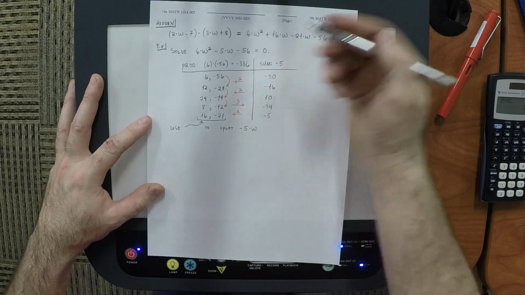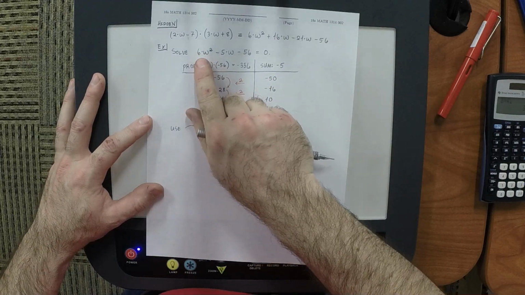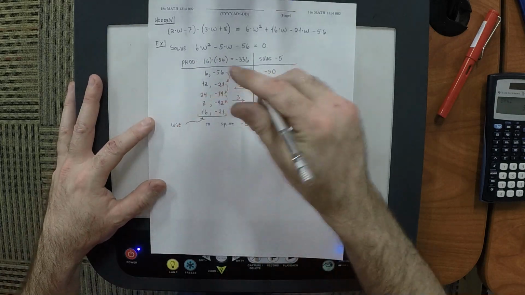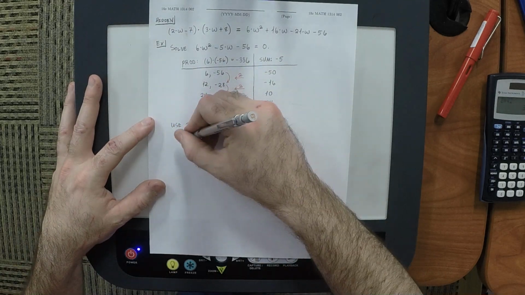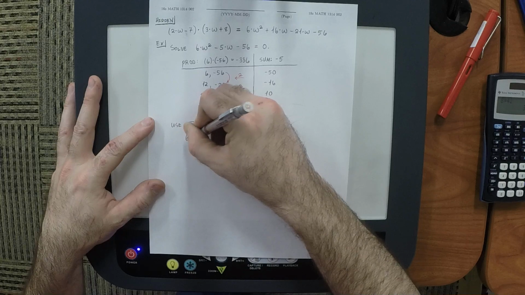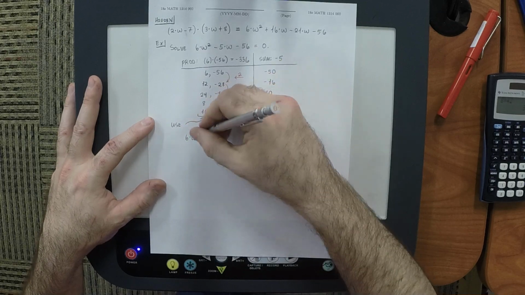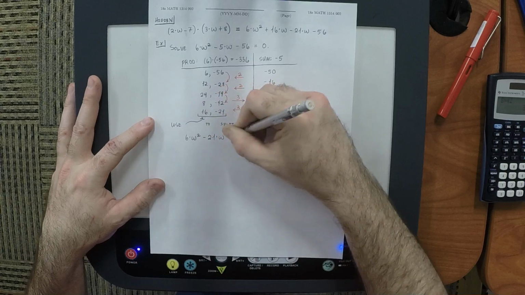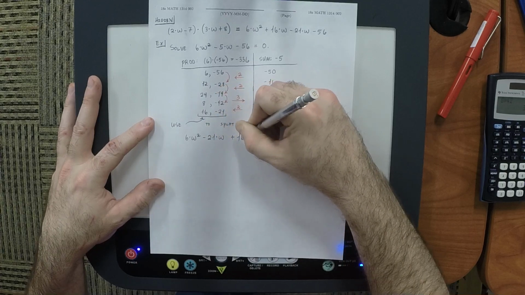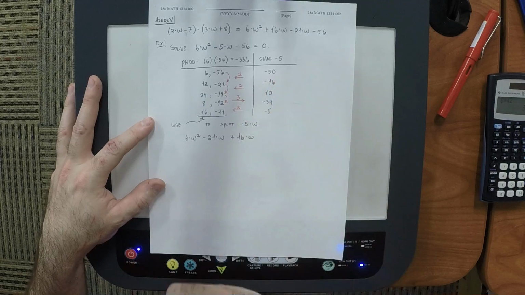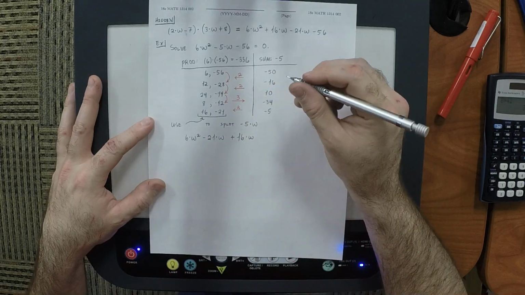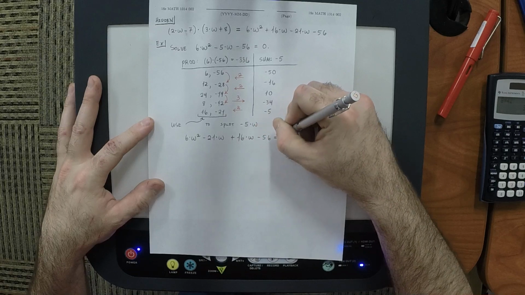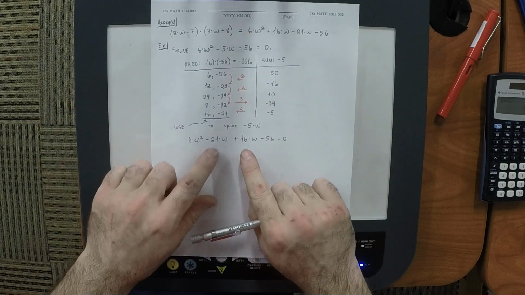Because at the present time, there's 3 terms, 1, 2, 3, and we want to have 4 terms. And we're going to turn those 3 terms into 4 terms by causing this split. So that would be 6w squared minus 21w plus 16w and then minus 56 equal to 0. It doesn't matter how you split it.